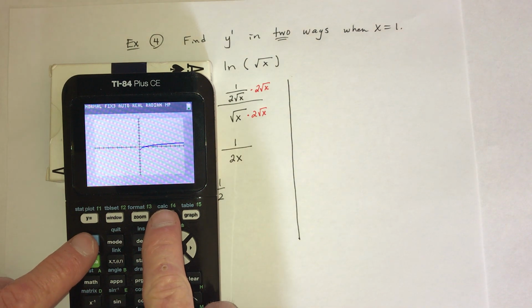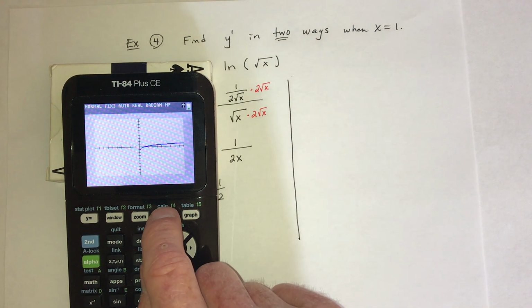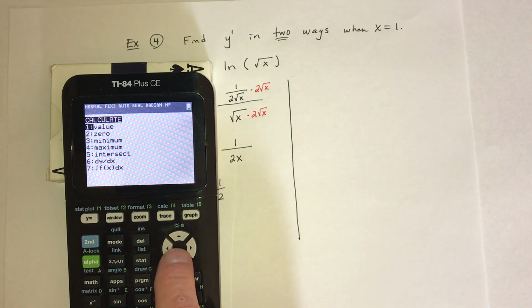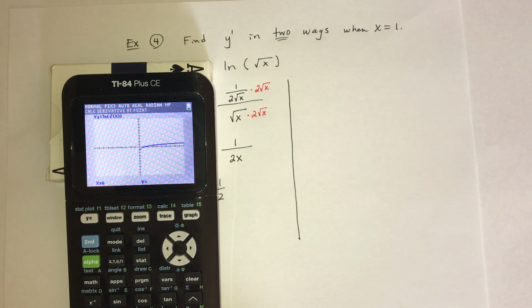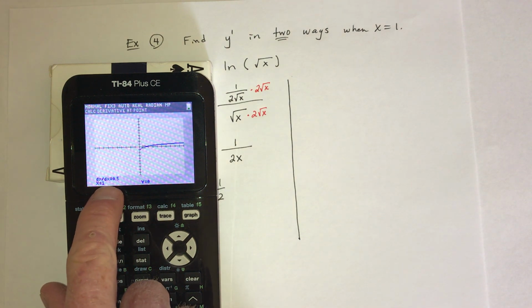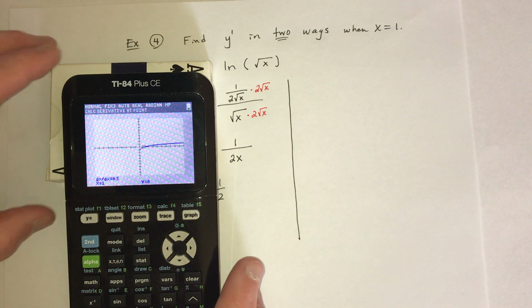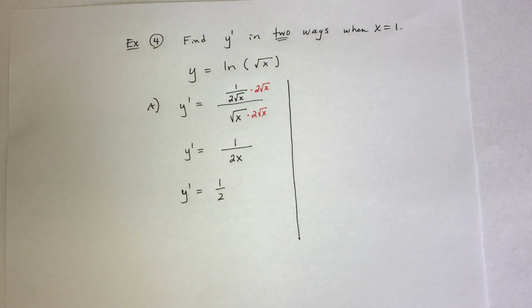And then I'll go to second calculate, and number 6, take the derivative. Then plug in a 1, and it says you should have gotten a 0.5. So I got 1/2, that's the same thing.